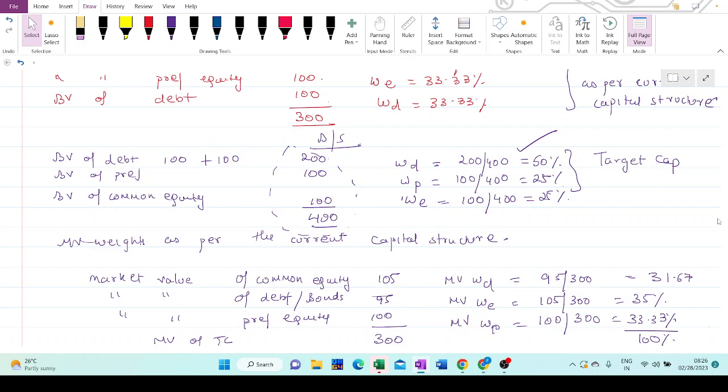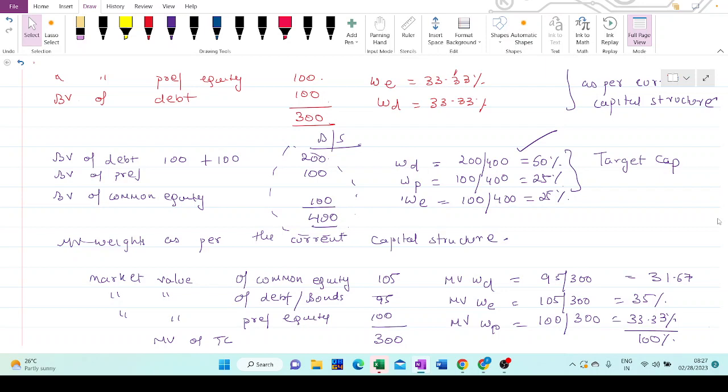We use the weights suggested by the target capital structure of the company.